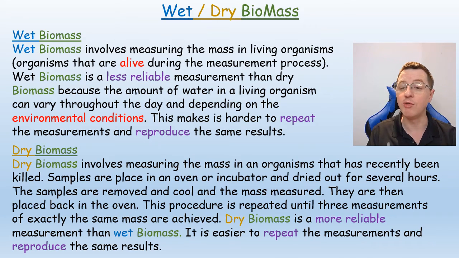Then you know that you have evaporated off all the water that was in the living organism. This makes a dry biomass sample a more reliable measurement than wet biomass. It's easier to repeat the measurement and reproduce the same results.